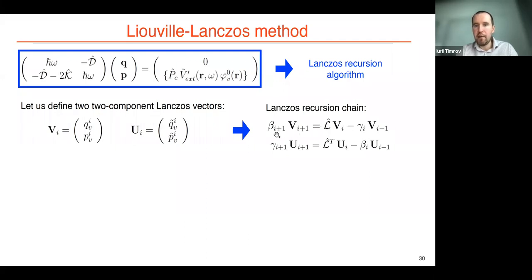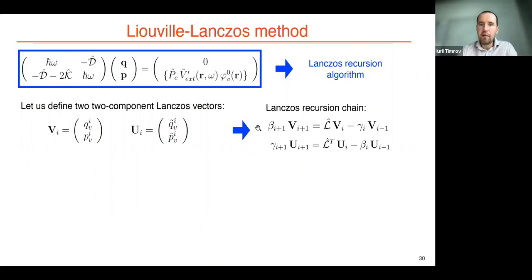Here, beta and gamma are so-called Lanczos coefficients, and L and L transposed is the Liouvillian superoperator. So L is simply the expression over here on the left without frequencies. If we remove h bar omega and put 0 and 0 on the diagonal, and off diagonal we have minus D and minus D minus 2K, this is called L, the Liouvillian matrix.